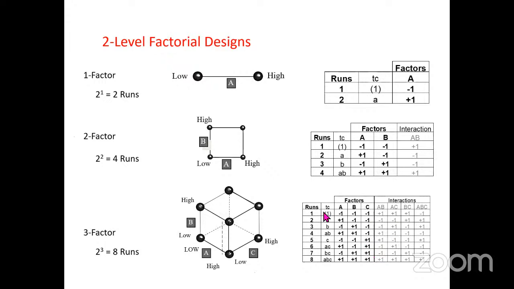For orthogonality, AB is given here. So look at the number of minuses here: 1, 2, 3, 4. Pluses: 1, 2, 3, 4. So even the interactions are equal. These are called main variables, and these are called interactions. The number of experiments you do for a main variable at one level versus the other level is equal, and the number of experiments in the interactions is also equal.